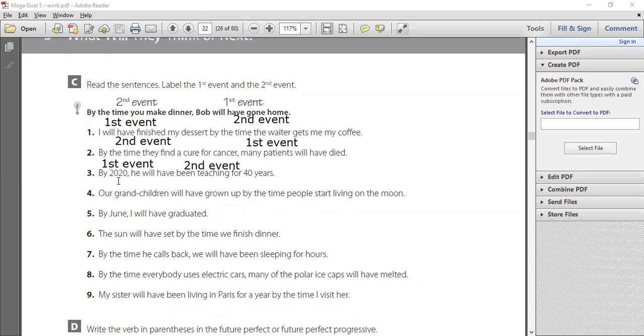Okay, number 4. Our grandchildren will have grown up by the time people start living on the moon. Two events. Grandchildren have grown and people start living on the moon.